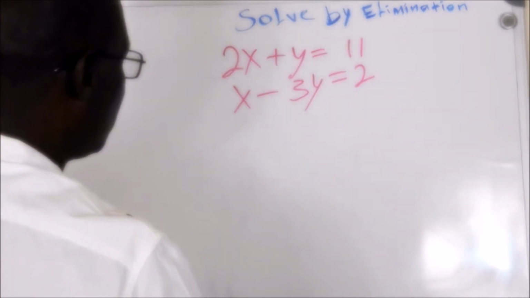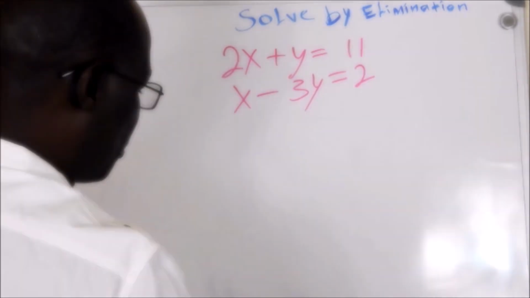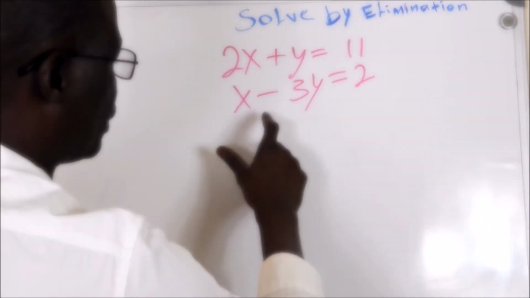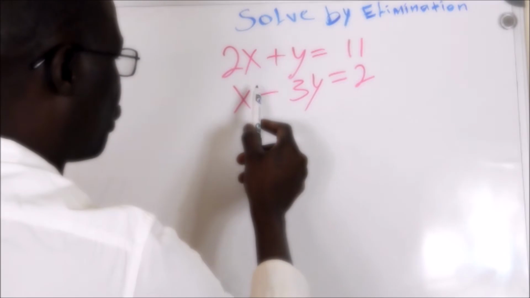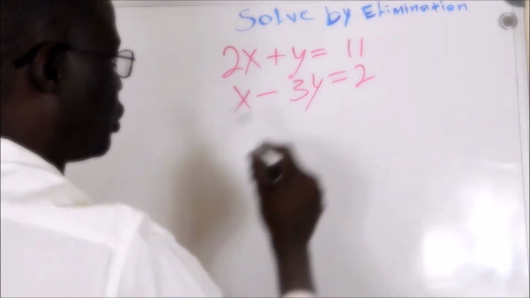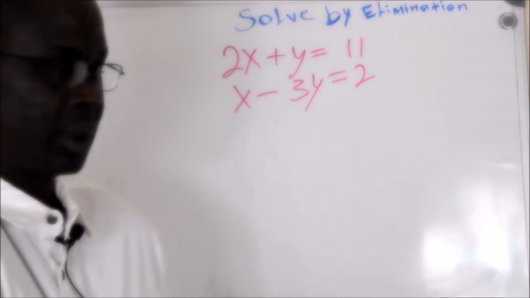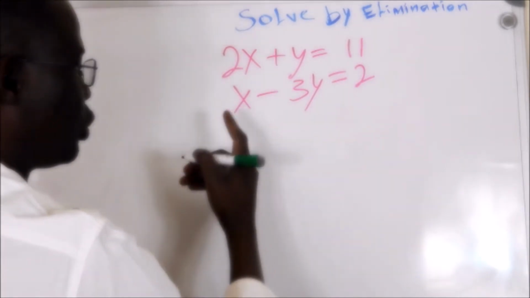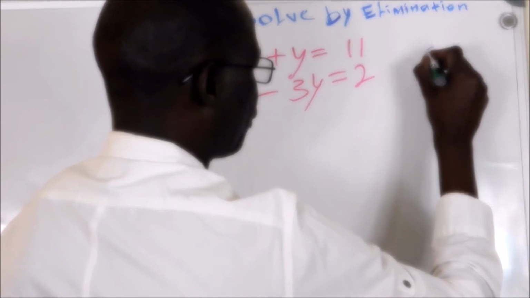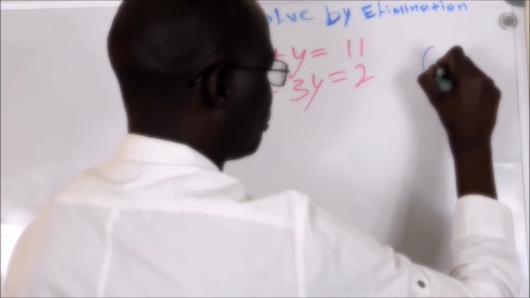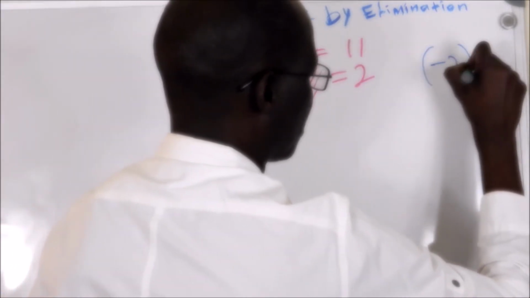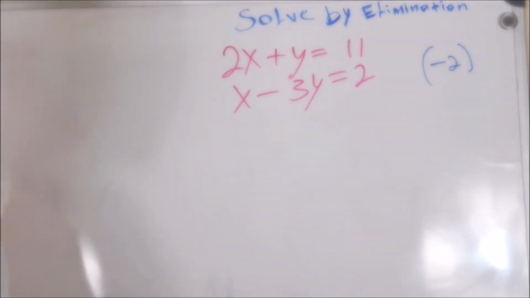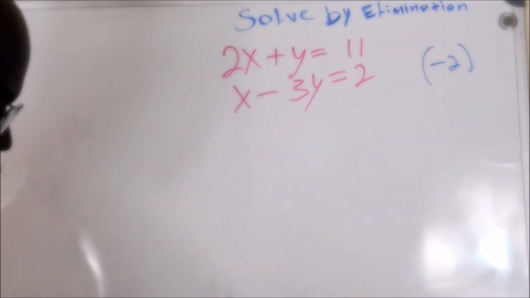So for this problem, we're going to choose number 2, so we can solve the problem. On number 2, we're going to multiply the whole equation by -2. So let's do it.